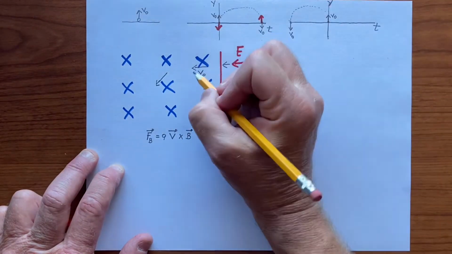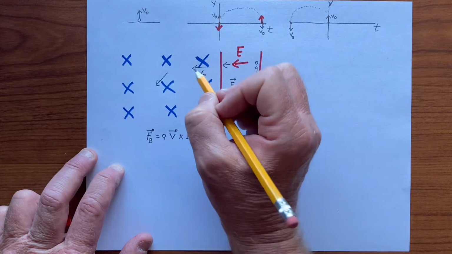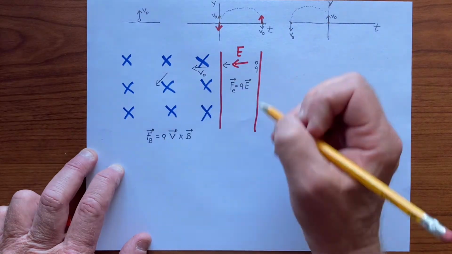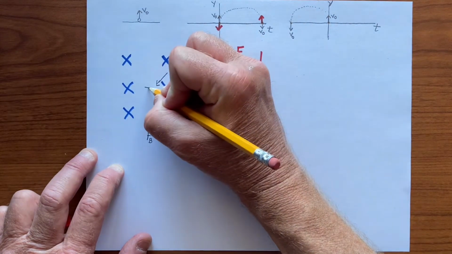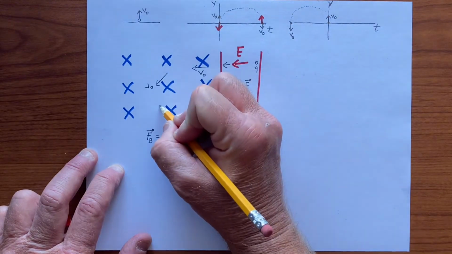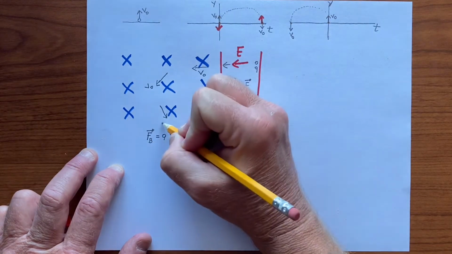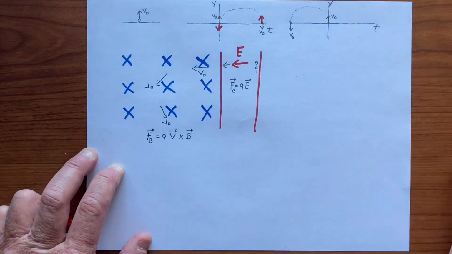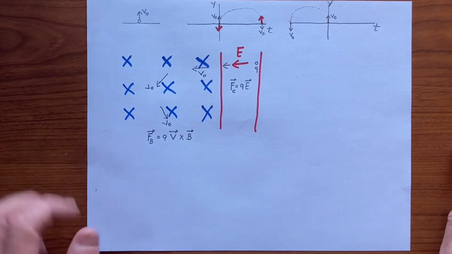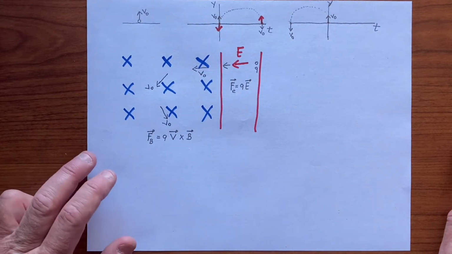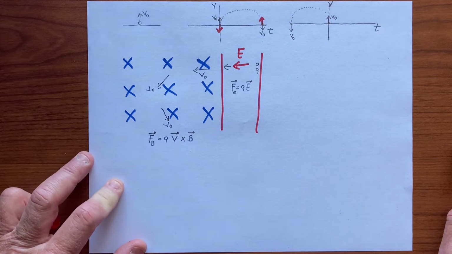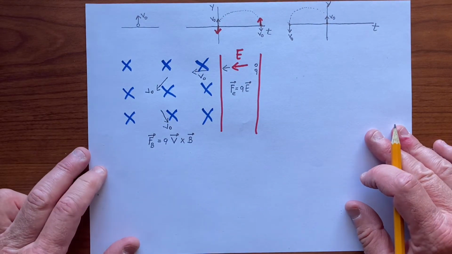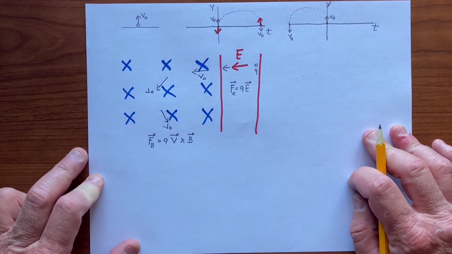And so the thumb tells us that the force will make it turn this way. And so the object will go in a circle like this. It won't change the magnitude of the velocity, of course, because magnetic forces do zero work. So we'll get something like that.